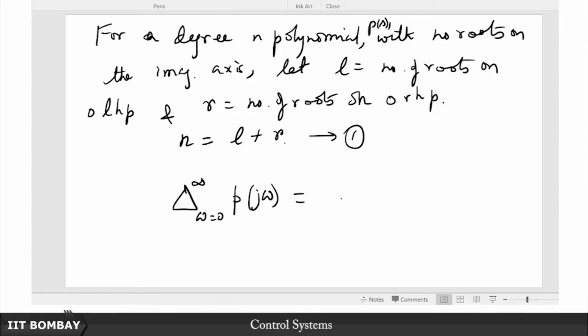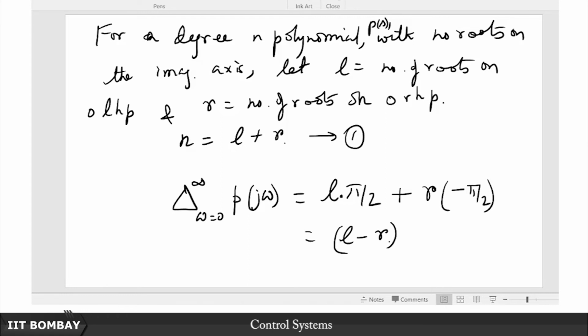For every root on the left half plane, you get a pi by 2 net rotation, which is L times pi by 2. For every root on the right half plane, you get a minus pi by 2 rotation, multiplied by R. So the net phase change is (L minus R) times pi by 2.